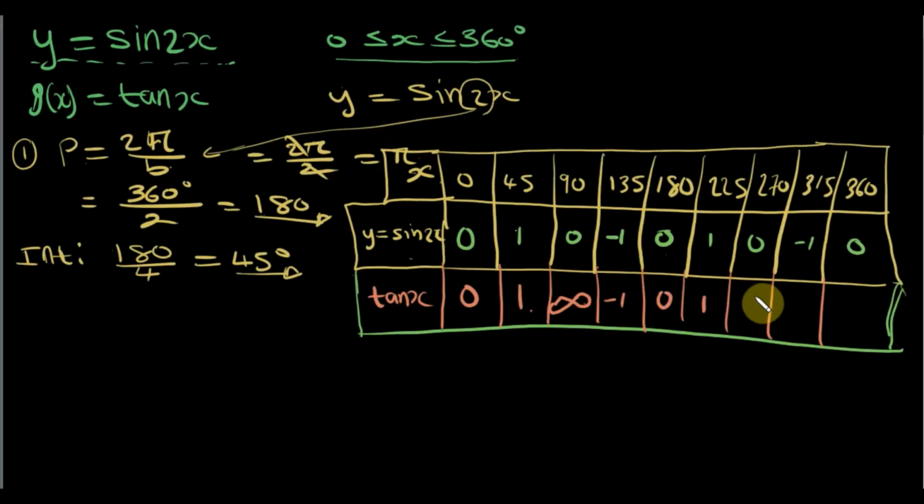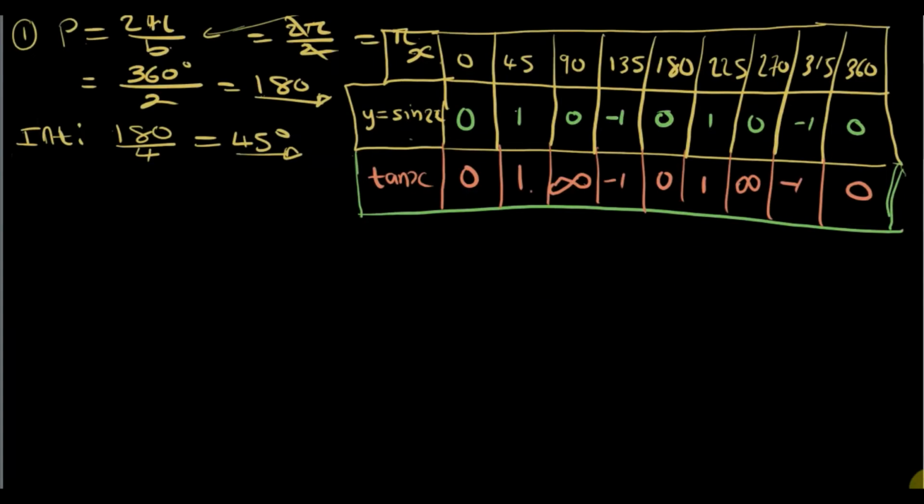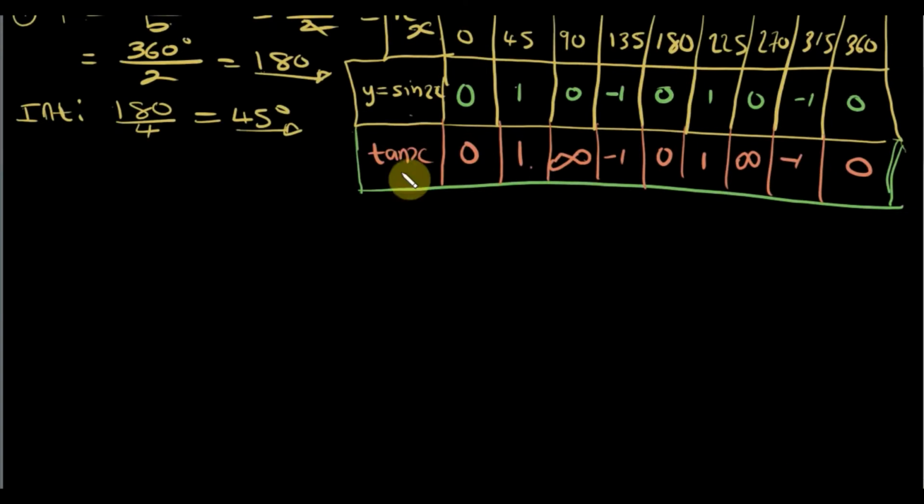Tan 270, well, the calculator says math error, so that's infinity. Tan 315 is minus 1. Tan 360 is 0. Okay, cool.